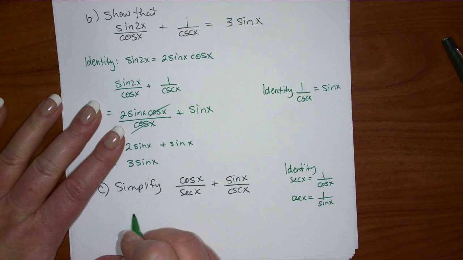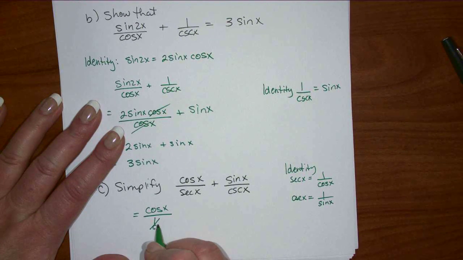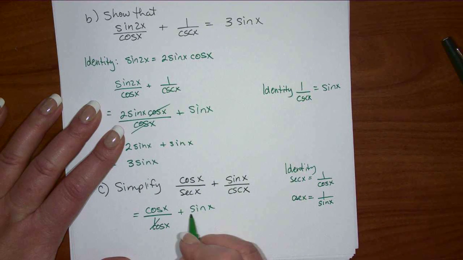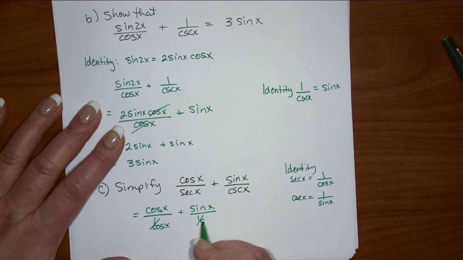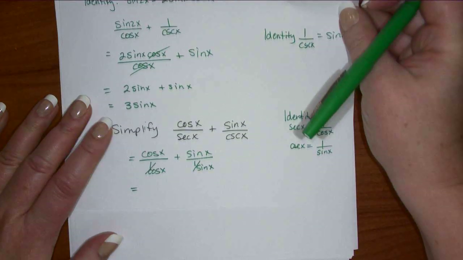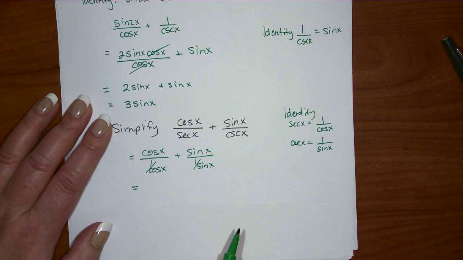The cos on top is going to stay, and then secant is 1 over cos. Sine is going to stay, and cosecant is 1 over sine. Cos divided by 1 over cos.